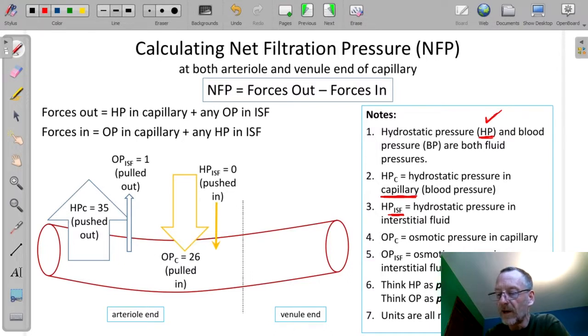Okay, the osmotic pressure in the capillary, OP sub C, that was determined by the albumins in the blood. They stay in the capillary, and this is constant, normally, as we'll see.